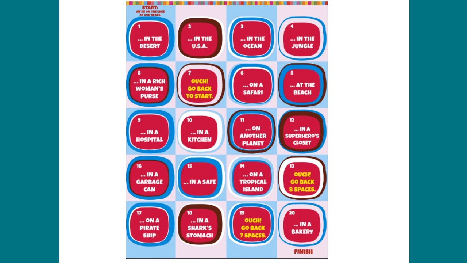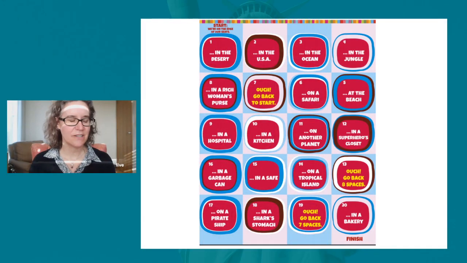This is definitely a game that you can play with your whole family. All you need is one die or dice, and you can even make that yourself. There are many plans online that you can cut out and tape and then put a 1, 2, 3, 4, 5, 6 on it, and you've got everything you need.